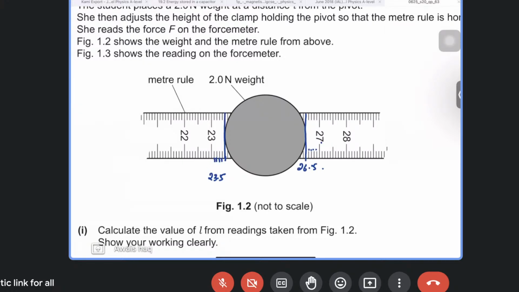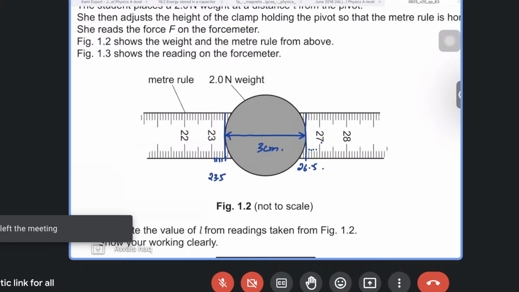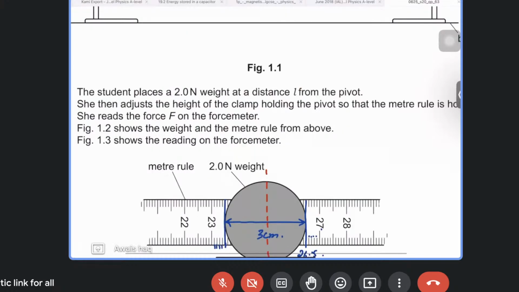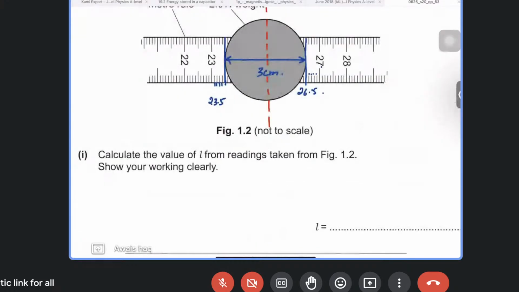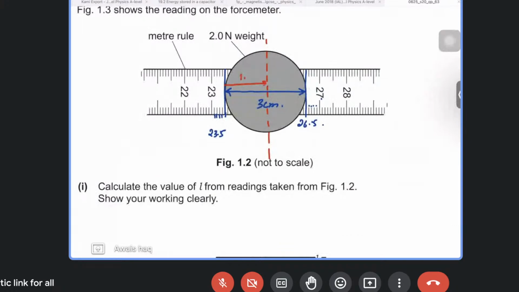This whole distance has to be 3 centimeter. You agree? Yes. And the center would mean from here 1.5 centimeter.